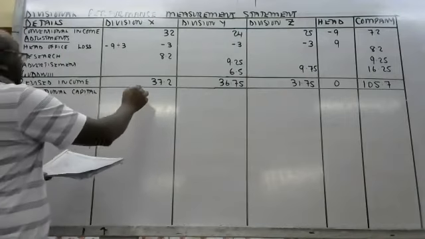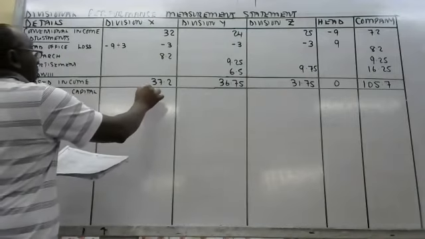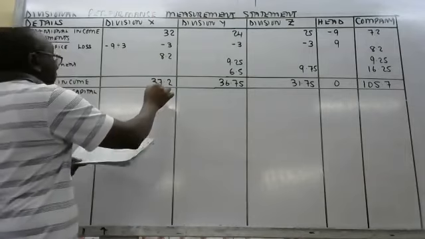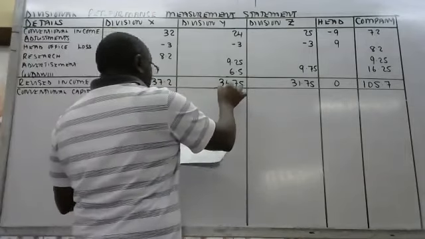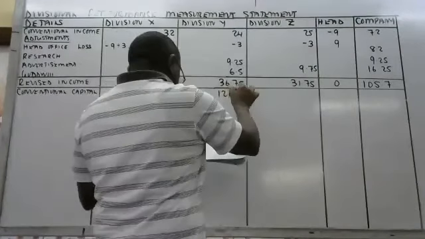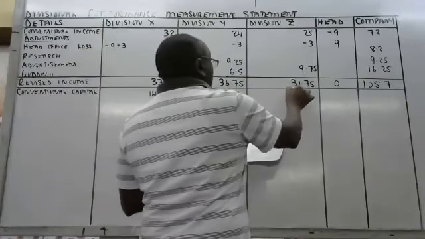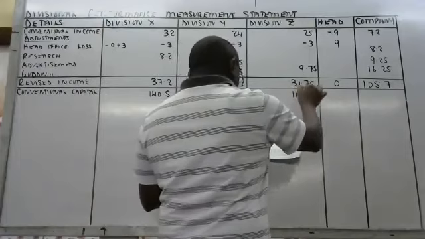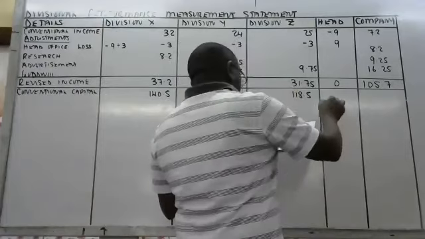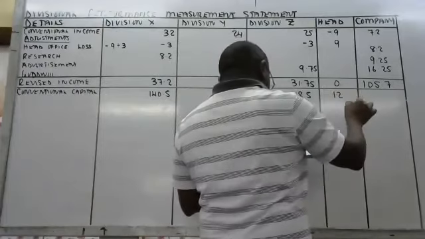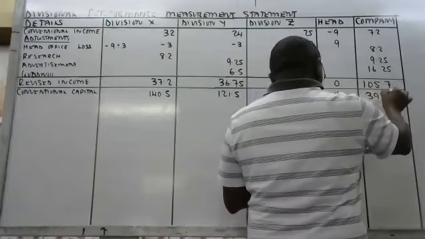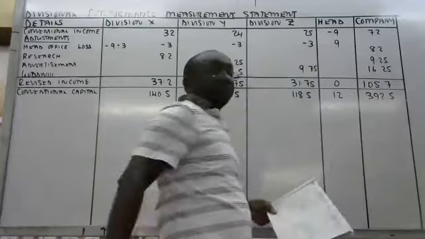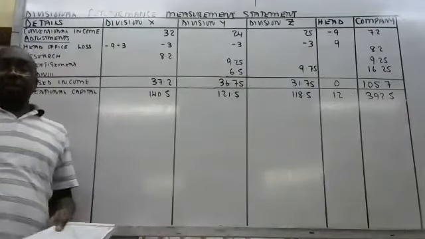So X has 140.5. This other one has 121.5. This other one has 118.5. Head office has 12, so that the company has 392.5.